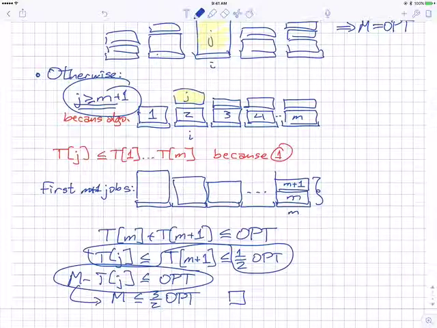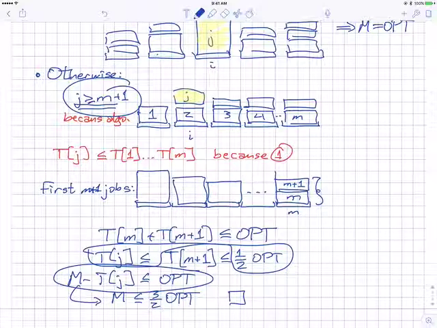So with a little bit more work, with a little bit more case analysis, you can improve the analysis even further. You can show that in fact there's an approximation ratio of 4/3. But I want to talk about a different problem.